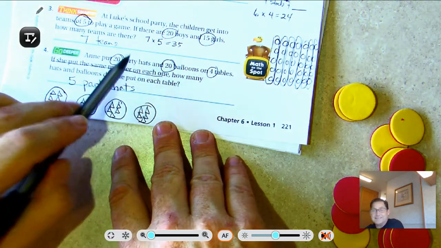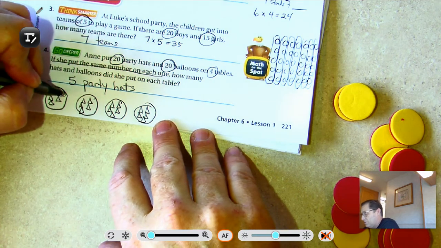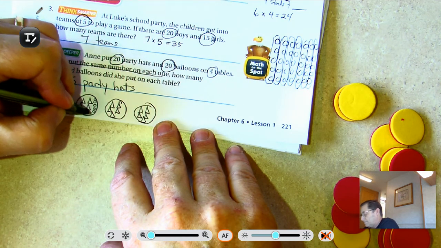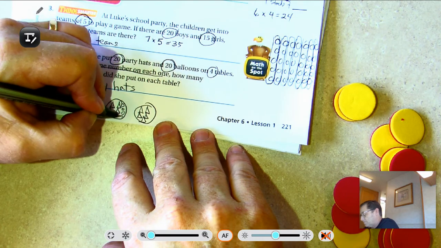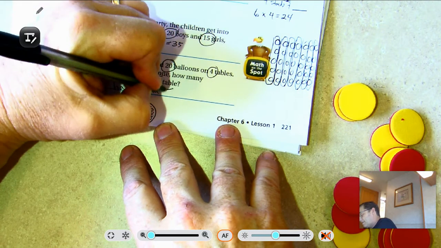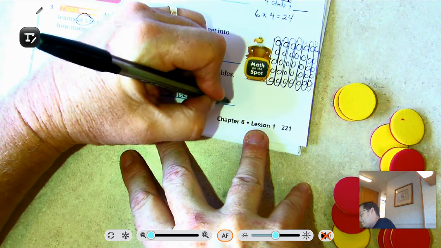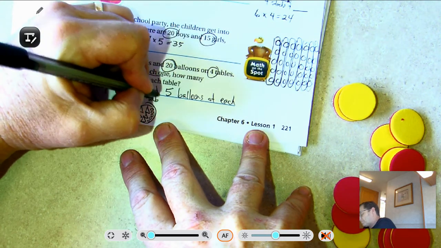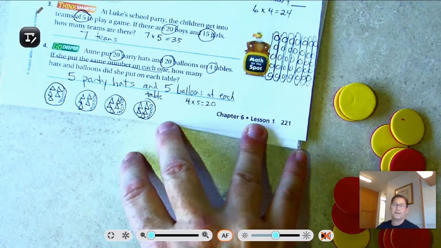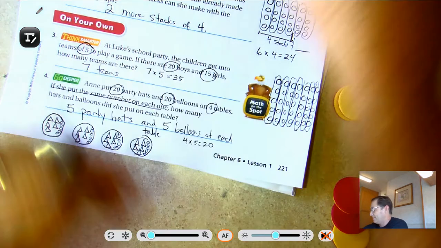Well, the number of balloons is the same. So there's going to be 5 balloons at each table. And 4 times 5 does equal 20. 4 tables times 5 at each table is 20.